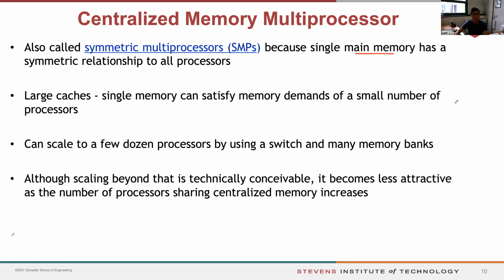If we want to have a lot of processors accessing the memory, it's going to be congested, right? It can only scale to a few thousand processors by using a switch and many memory banks, because different ones have to go to those banks to access the data. Although scaling beyond this is technically conceivable, it becomes less attractive as the number of processors sharing the centralized memory increases, due to the congestion introduced.